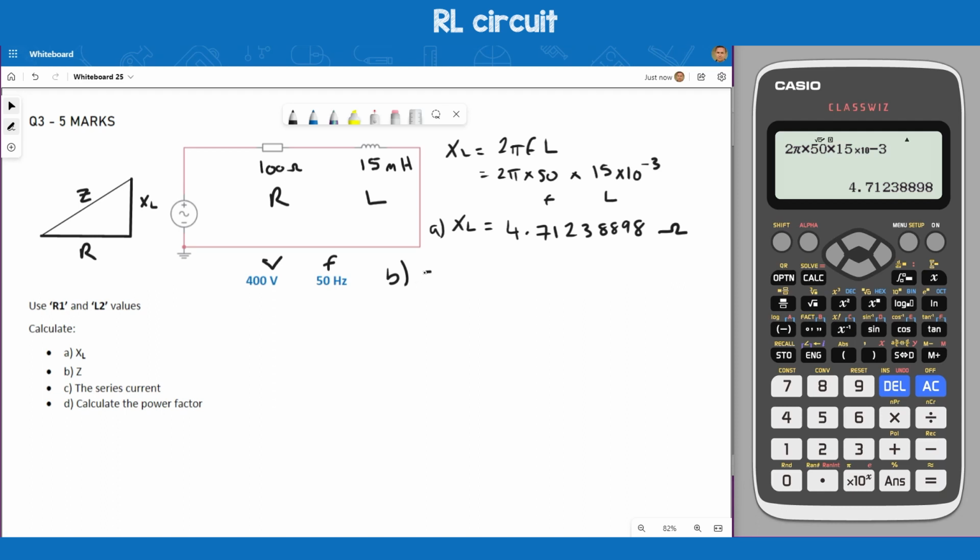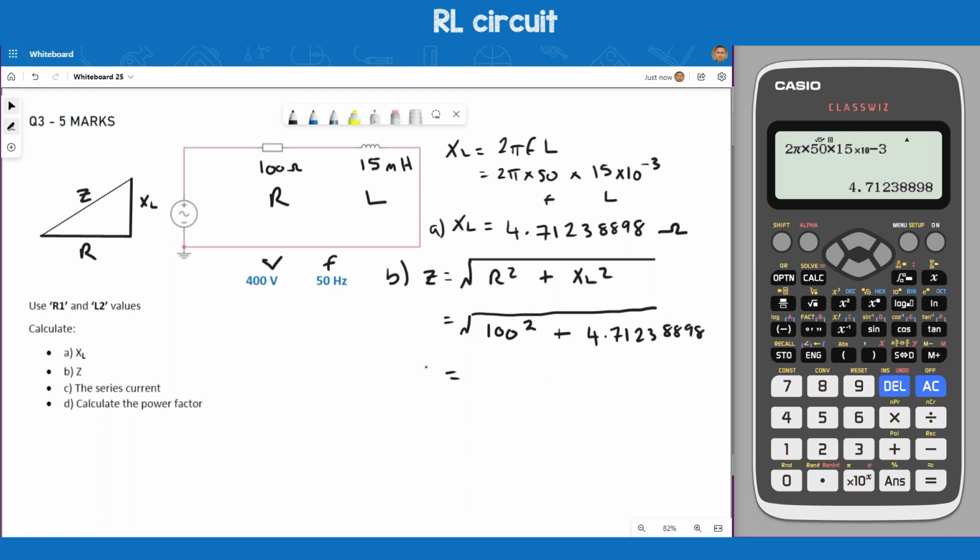Z, the hypotenuse, is the square root of the other two sides squared and added. So it's the square root of R squared plus XL squared. R is 100 ohms, which we're given in the question, and XL we've just worked out, 4.7123, etc.